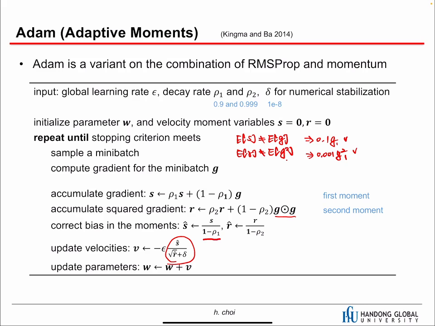By this one, in the first iteration, S hat will be g1 again, and R hat will be g1 squared. Gradually, when we repeat again and again, this effect will fade away. But in the beginning, this is really unstable, and it makes some bias. So the Adam algorithm corrects this bias. That's what this line says.